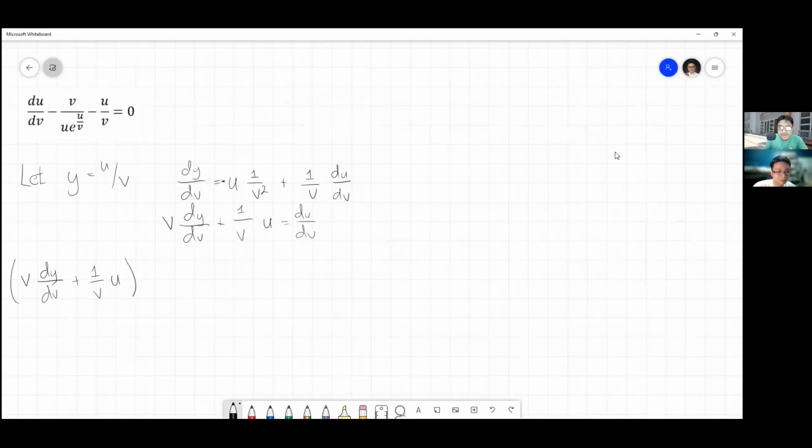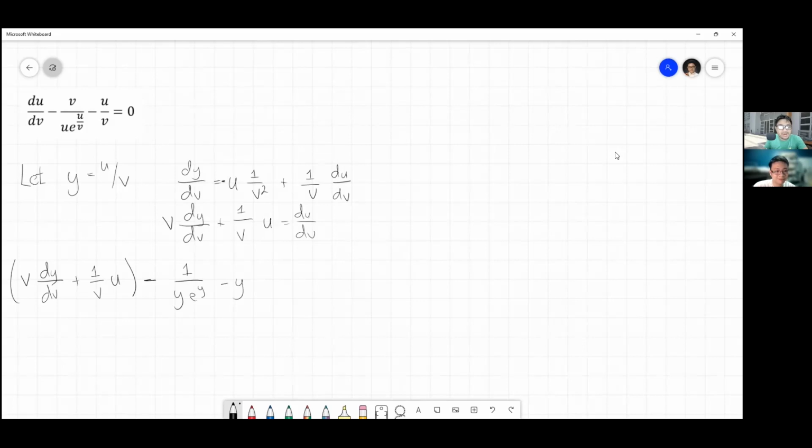Okay? V over u, reciprocal lang nito ni u over v. So, pwede natin siyang gawin na 1 over y. So, meron tayong 1 over y dito. Then, e raised to u over v, that is e raised to y. And then, minus y. Wait lang.